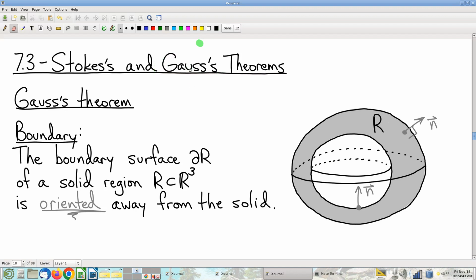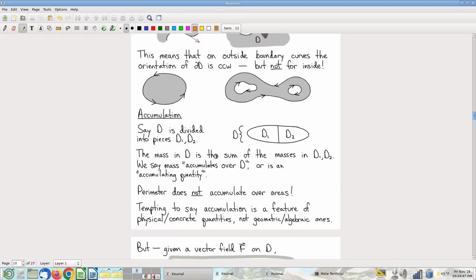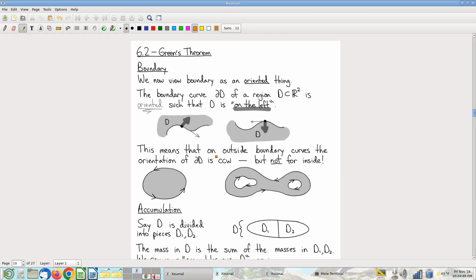Now I want to flash back here to Green's theorem. Y'all remember Green's theorem? Green's theorem was our first shocker, weird, mysterious magic theorem that involved two totally different integrals, one on the interior, one on the boundary.